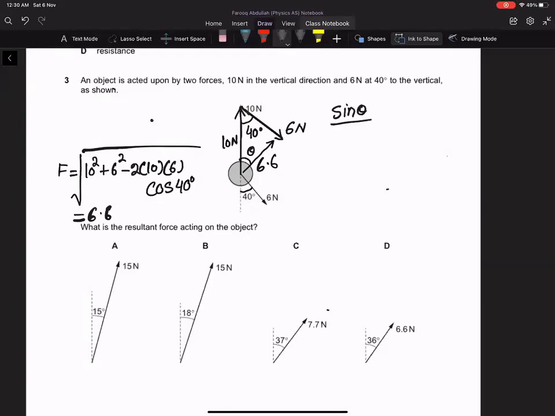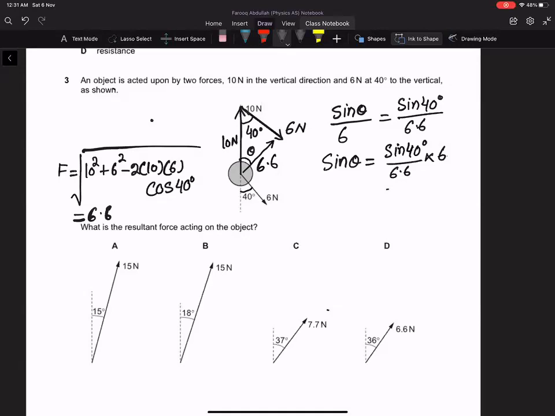Now, using the sine rule, sine of theta over 6, the side opposite to theta, will be equal to sine of 40 over 6.6. So sine of theta is equal to sine of 40 divided by 6.6 and then multiplied by 6, and we take sine inverse of the answer.